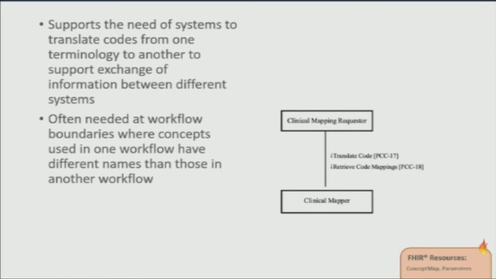So it's predominantly using, well, it's an operation. So it's looking to translate codes and provide mappings. There is some support for this more directly in the newer version of FHIR. So there's a question on how this one goes forward.